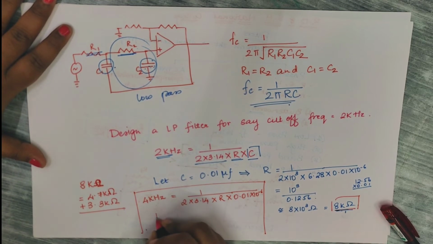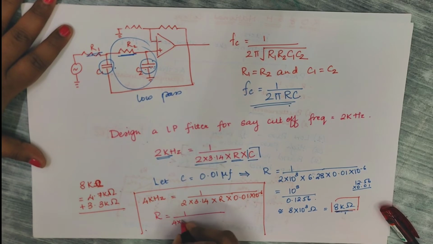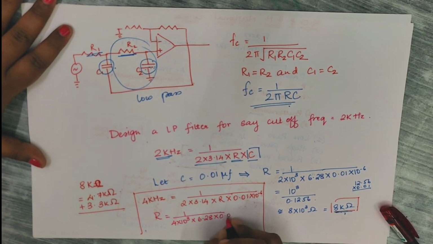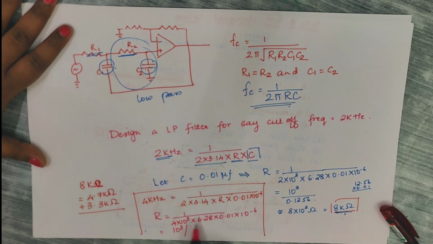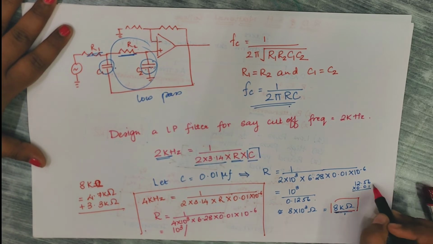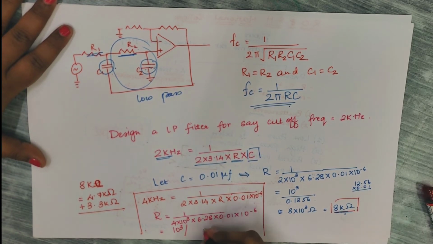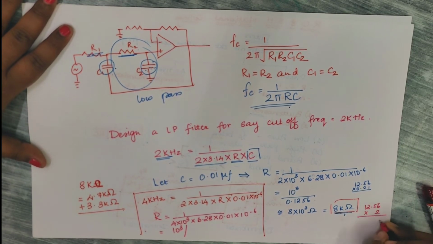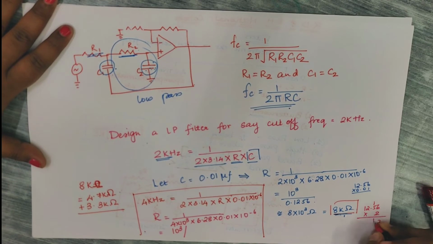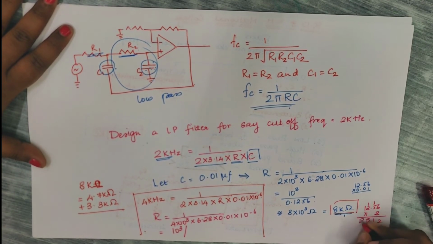If you calculate, you will get R equal to 1 upon 4 into 10 raised to 3 into 6.28 into 0.01 into 10 raised to minus 6, which comes out to be 10 raised to 3 upon, now you will have to multiply 12.56 into 2. If you want, just calculate beforehand.